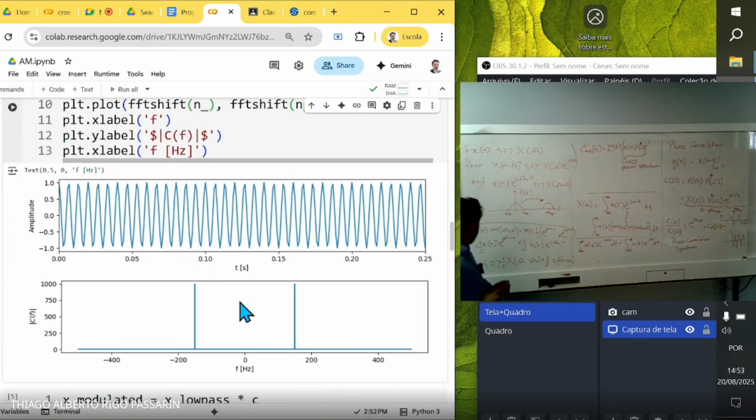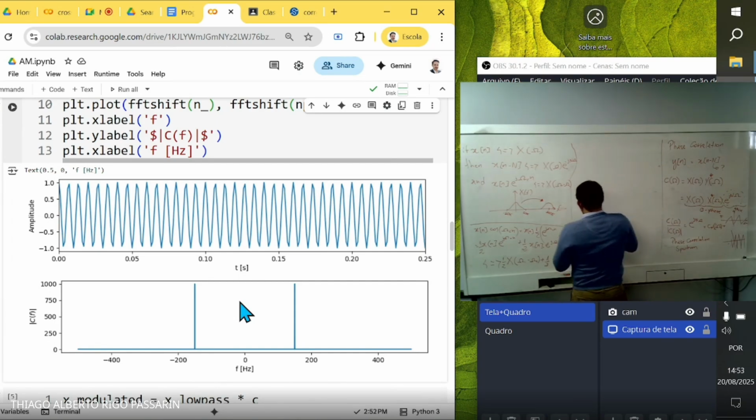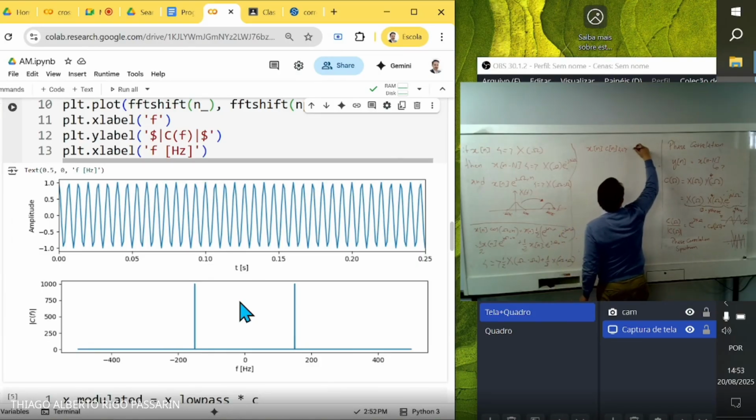So what I'm actually doing is exploring another property, which is that multiplication in time domain means convolution in frequency domain.